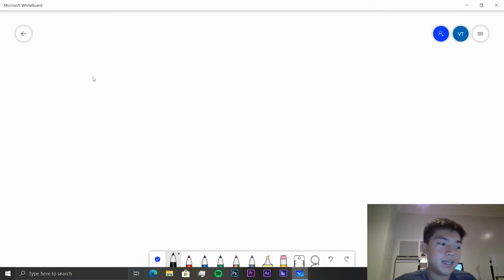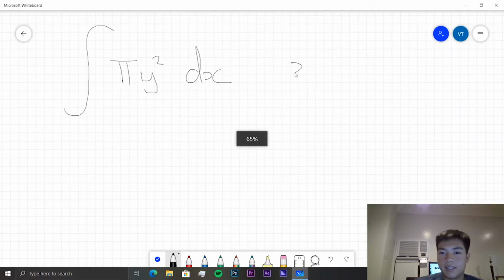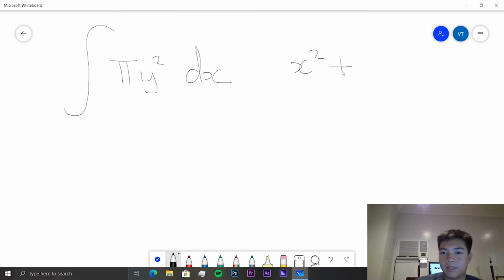If it's around the x-axis, we need the circle formula. So this is pi y squared dx of the curve. Say our curve is x squared minus 1 between negative 1 and 1.